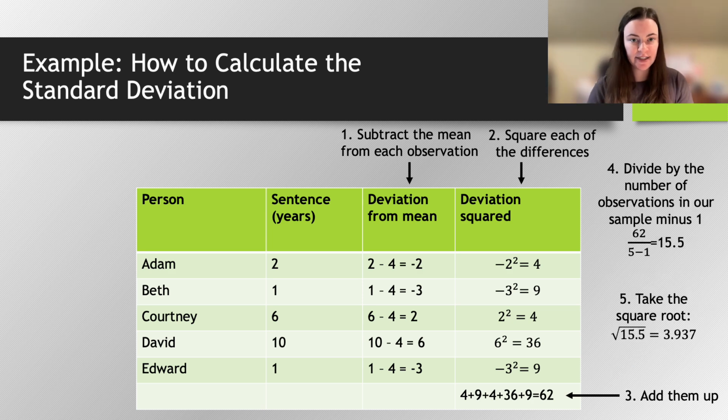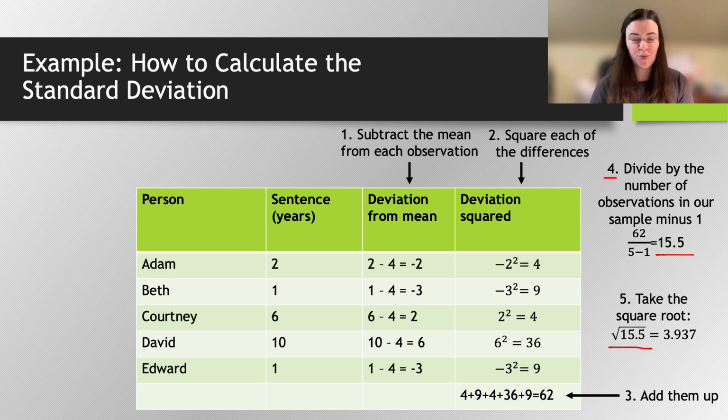And our very last step for calculating the standard deviation is simply taking the square root. But if I were to ask you to just calculate the variance of these different sentence lengths, you would stop right here at step 4, and your variance would be 15.5. However, if you recall, our variance is measured in s squared. So that means our outcome variable is also measured in squared units.